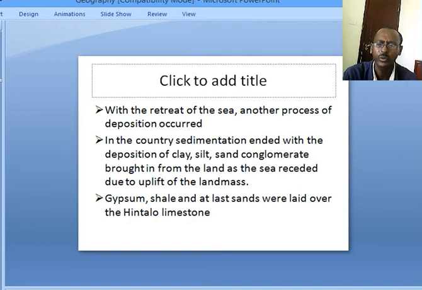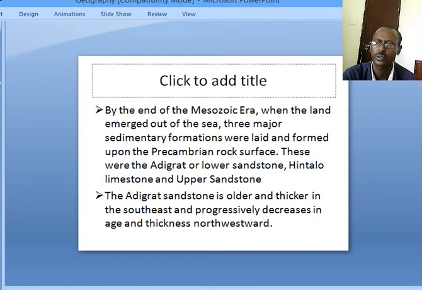Over them we observed the occurrence of minerals like gypsum, shale, and so on. By the end of the Mesozoic era, when land emerged out of the sea, three major sedimentary formations were laid upon the Precambrian rock surface.